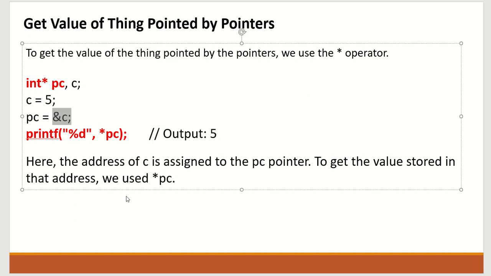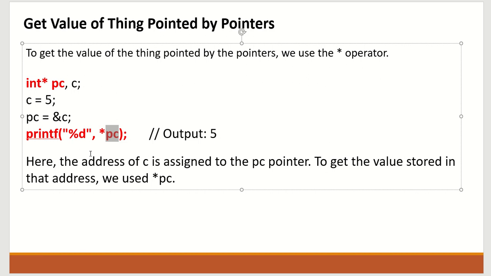C. So if I write printf, and right now it is asterisk pc, but if I write only pc, what do you think will be the output? If it is without the asterisk sign, it will obviously be the address of the c variable.